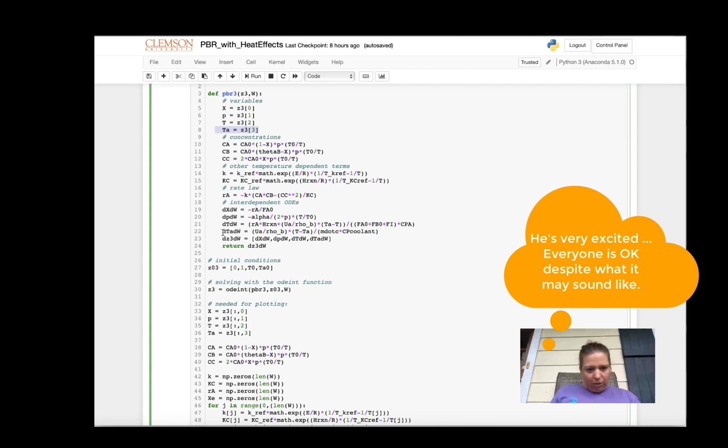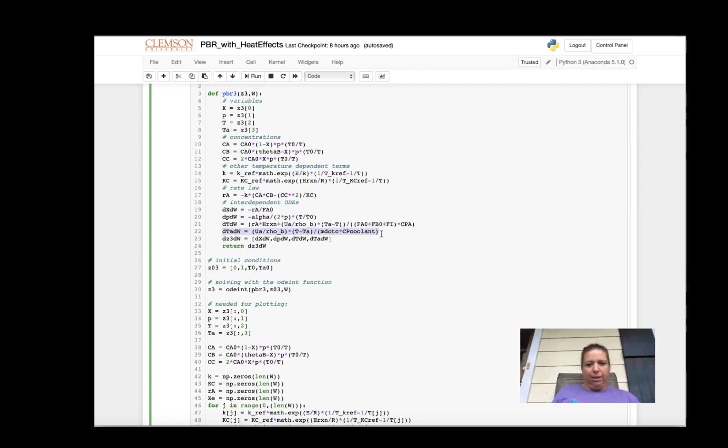The other thing I have to do is set up a differential equation for TA, for my cooling fluid. So we said in the last lecture that this is going to look a lot like the heat exchanger part of the dTdW term. So that's essentially what we have here, except that we switch the order of the temperatures in the parentheses in order to make sure that the heat is transferring appropriately.